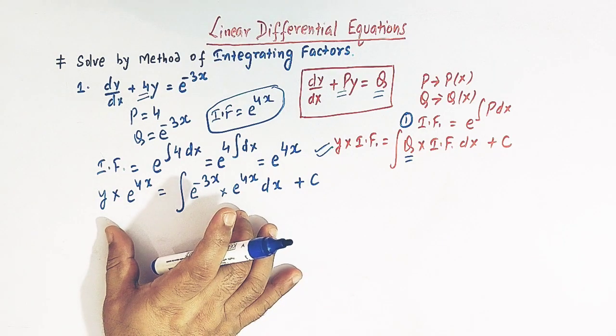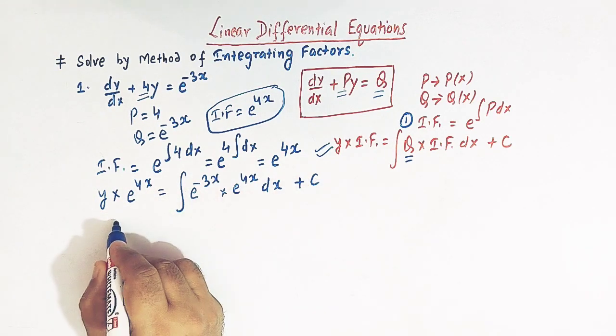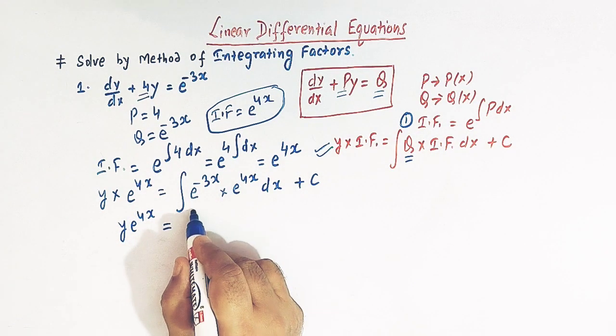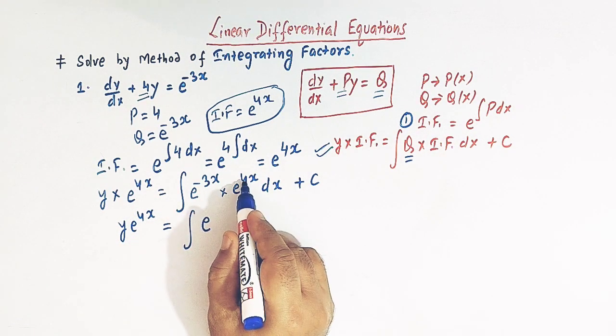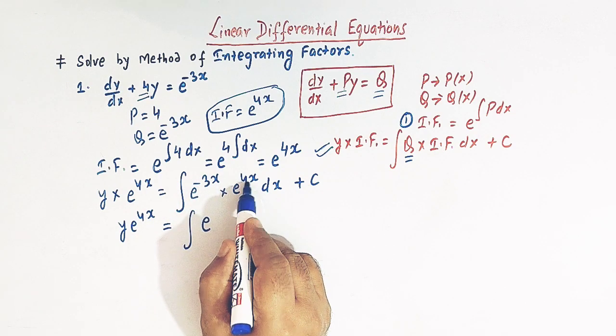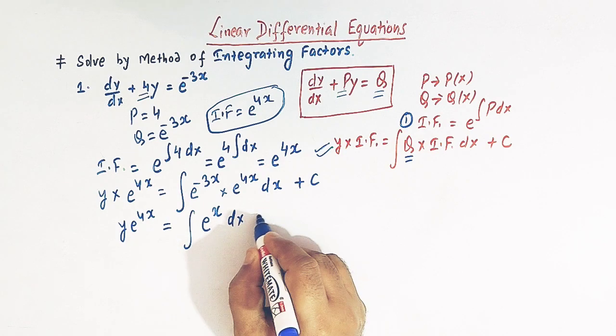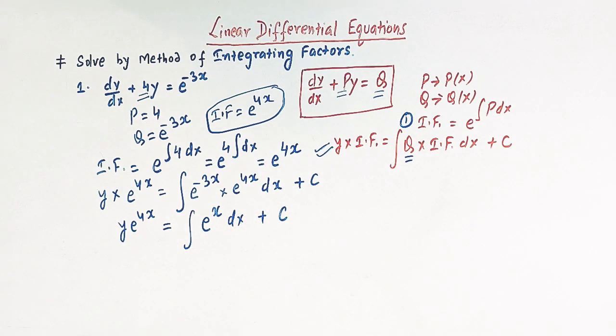Now we can simplify this expression. So we have y e^(4x) equals the integral of e^(-3x + 4x), which is simply e^x, dx plus c.